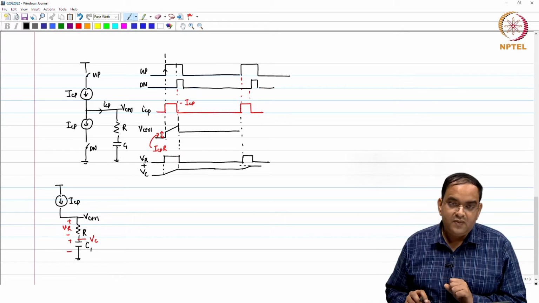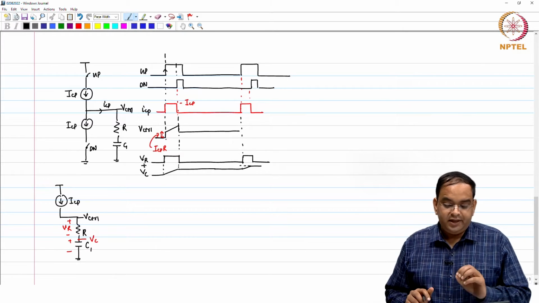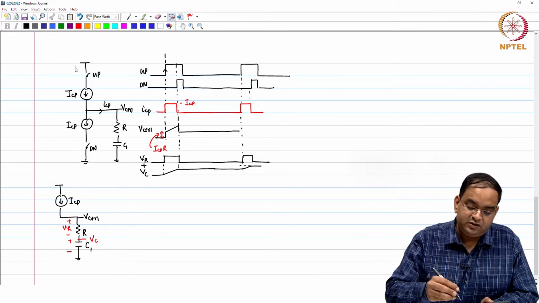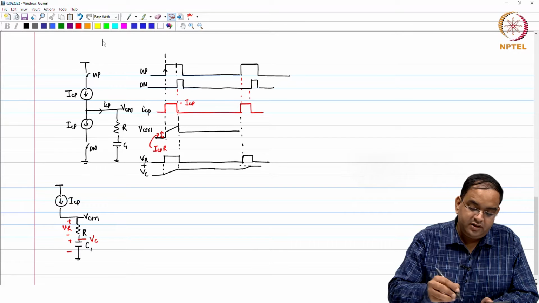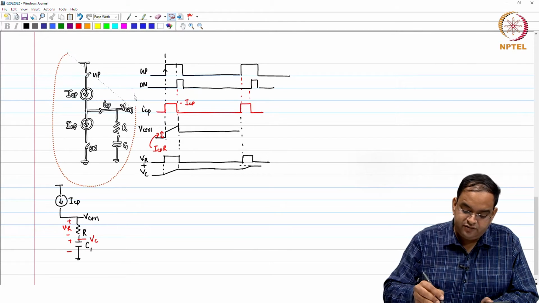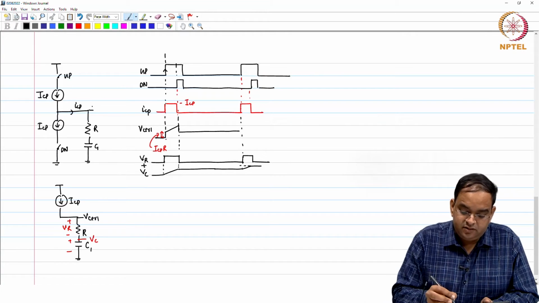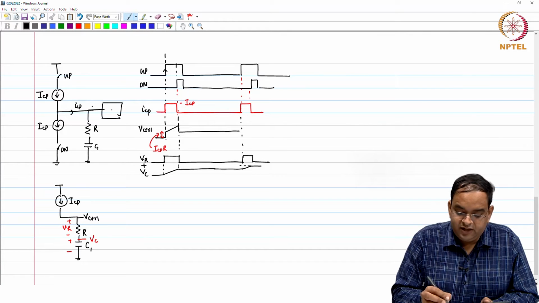Well, the problem is that your control voltage, which is connected to the oscillator, is changing every reference period, and for multiple reasons. You have this oscillator here, this is your control voltage.